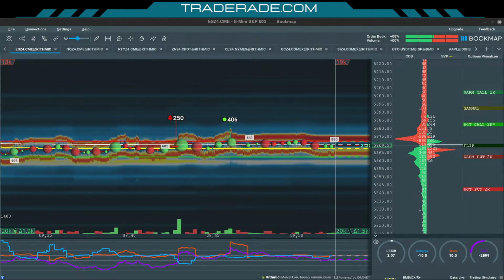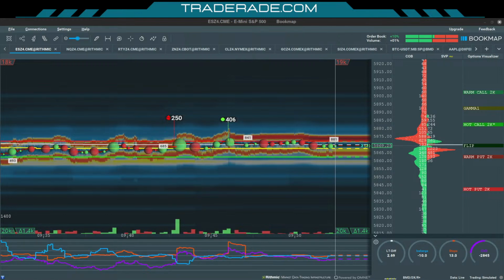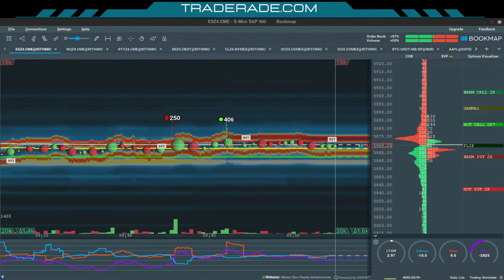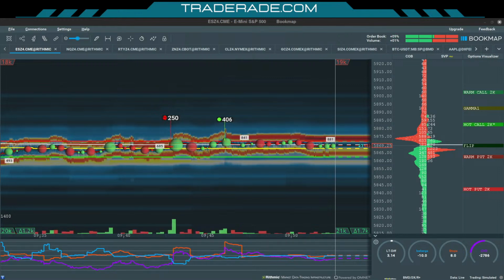That's where there's a decent amount of flow on the put side. On the call side, looking more like that would be around 58.50 SPX.